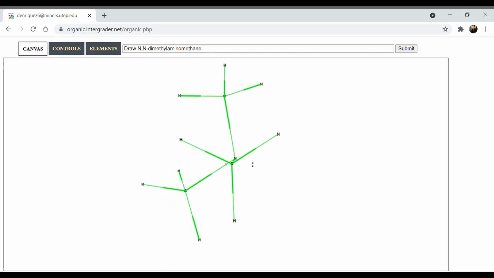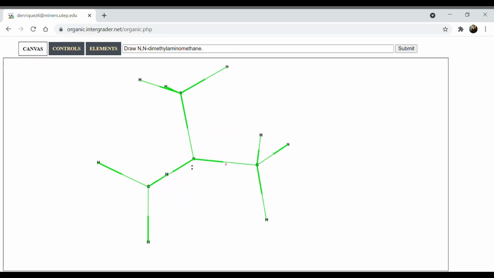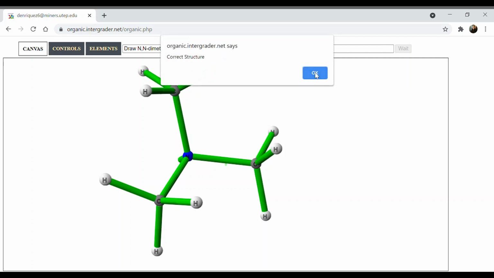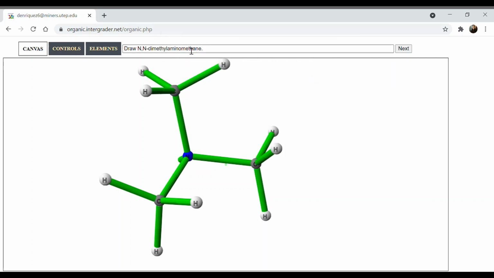So this is one way you can name it, trimethylamine. Let's see if that's right. I wouldn't name trimethylamine like this because this is a long name and there's a lot of room for error. So if you get trimethylamine, just name it like that.